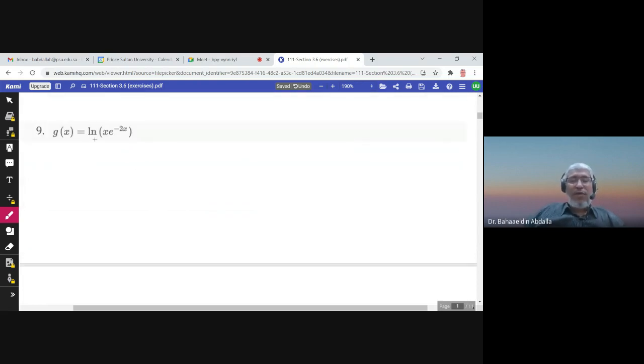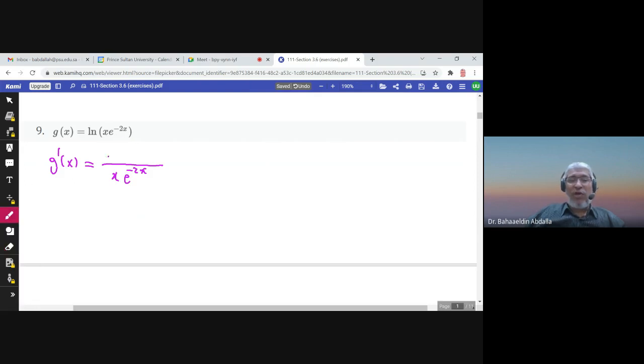I have here composition. So g prime of x would be the derivative of the outer function, which is ln, so 1 over x times e to the power negative 2x, times the derivative of the inner function, which is a product of two functions. So we will use the product rule.